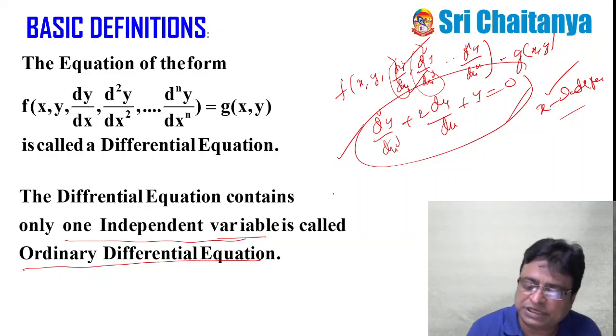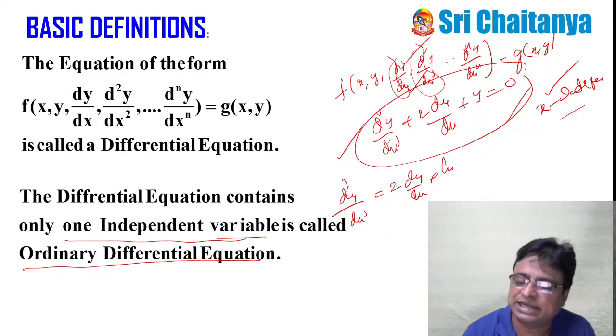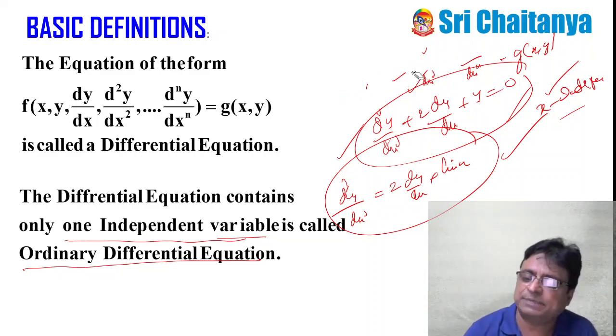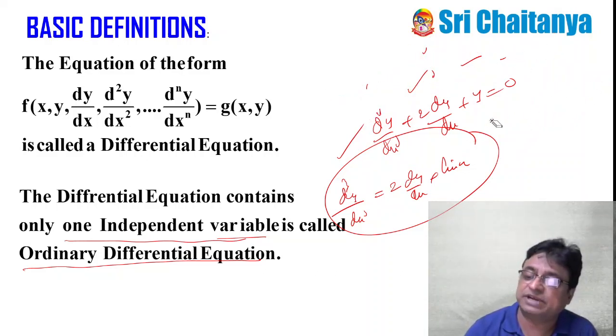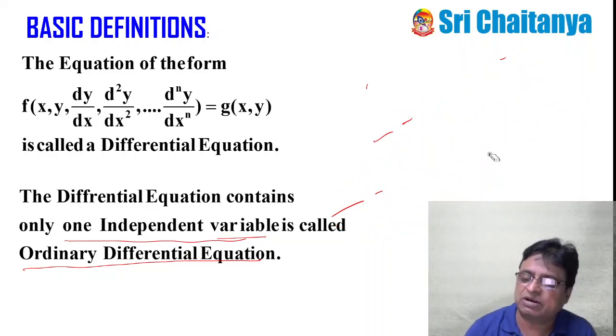So the differential equation of the form d cube y by dx cube is equal to 2 into dy by dx plus sin x is also a differential equation. You can imagine very different types of equations in terms of differentials, of which only one independent variable is there, called a differential equation.